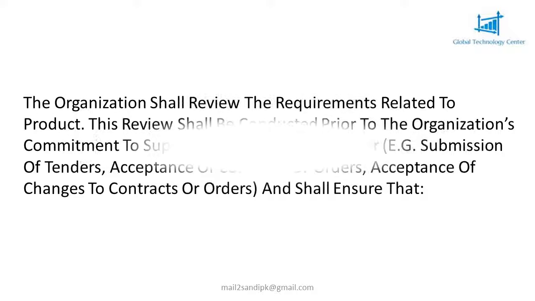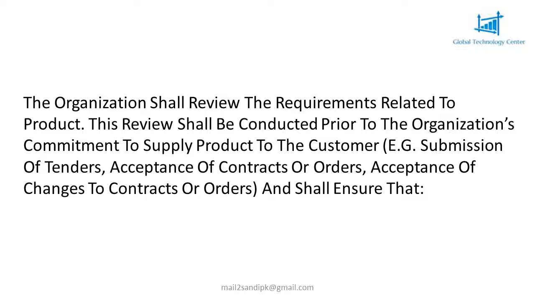The organization shall review the requirements related to product. This review shall be conducted prior to the organization's commitment to supply product to the customer, for example, submission of tenders, acceptance of contracts or orders, acceptance of changes to contracts or orders, and shall ensure that: a.